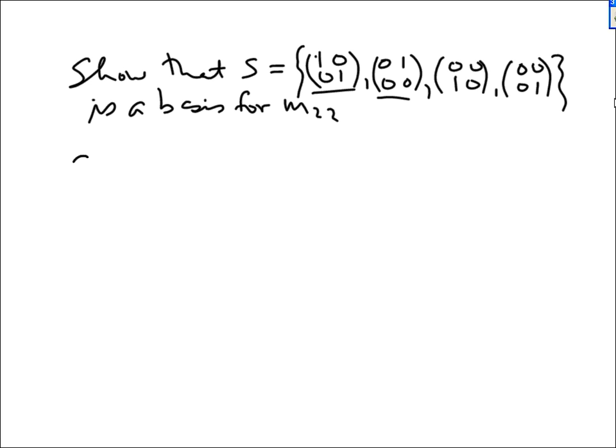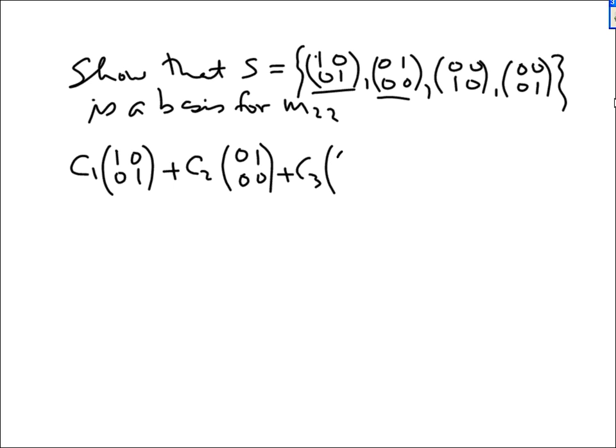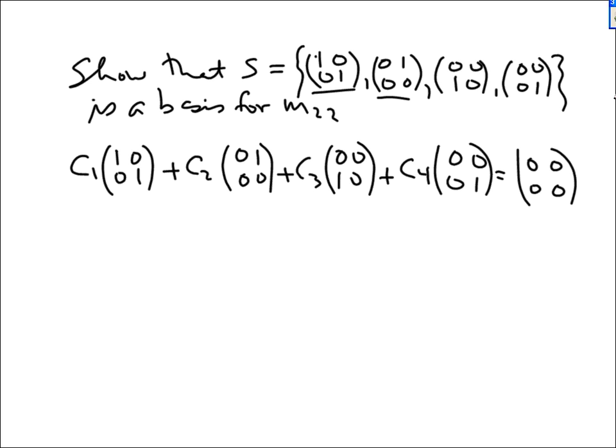I want to show that it's a linear combination of these four vectors: C1 times the first matrix plus C2 times the second matrix plus C3 times the third matrix plus C4 times the last matrix, if this is the zero matrix in M22.